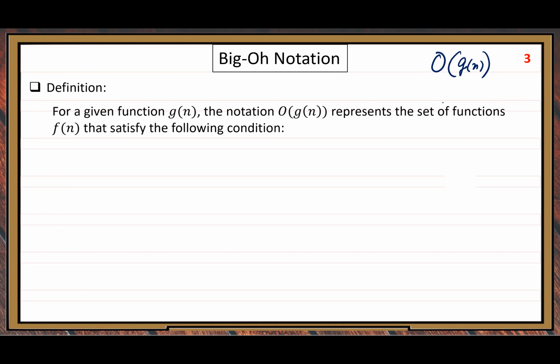For a given function g of n, the notation big O of g of n represents the set of functions f of n that satisfy the following condition.